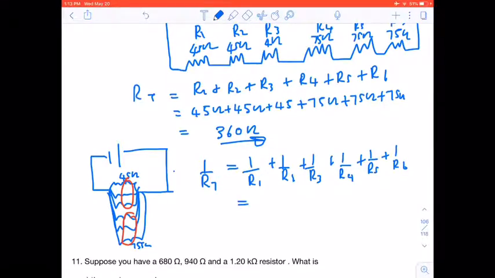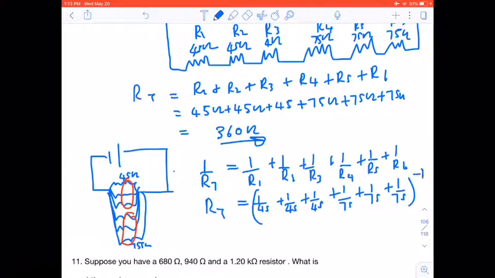Which is obviously 1 upon 45, plus 1 upon 45, plus 1 upon 45, and 1 upon 75, plus 1 upon 75, plus 1 upon 75. If we want R total, we could just take the inverse of that, and that would give us 9.375 ohms.